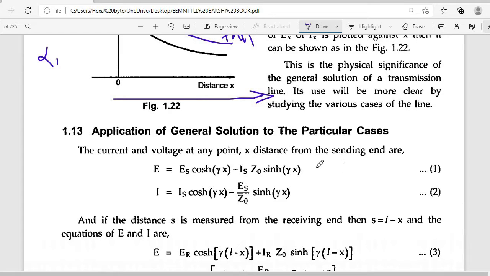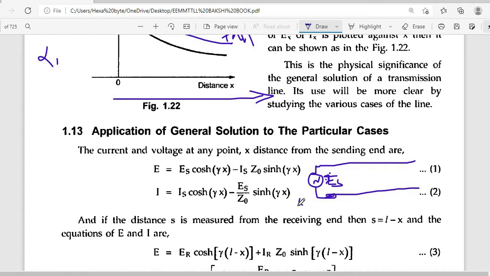See, it is a transmission line. Consider a transmission line. Sending end is this side. Source side is always the sending end.